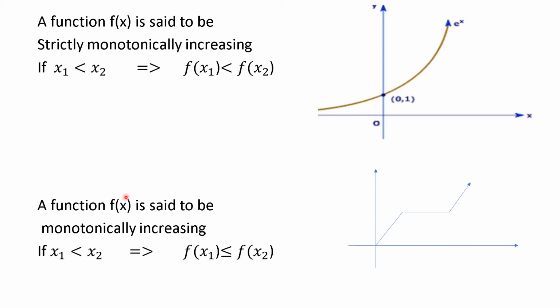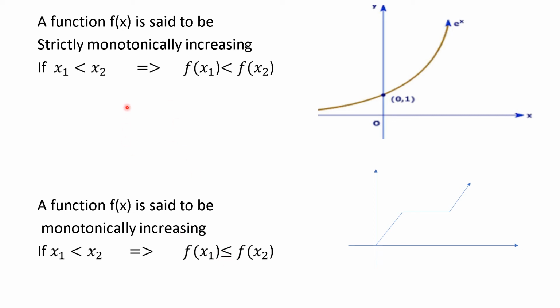See the difference between strictly increasing and just increasing. In strictly increasing function, strict sense means equality is omitted, isn't it? Here there is no equality, but here there is equality.